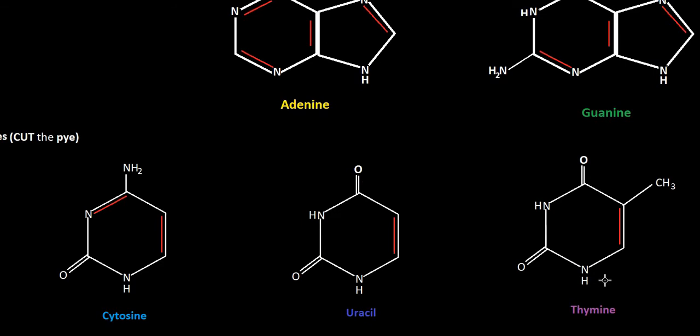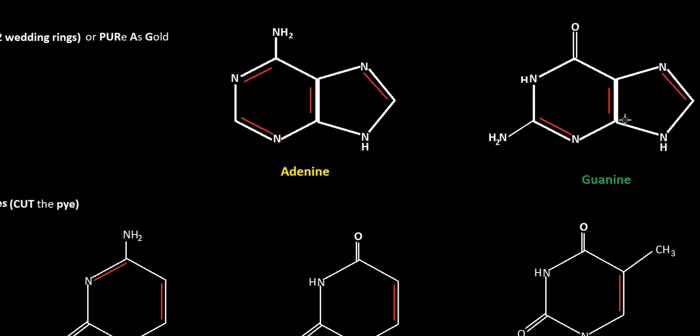Now, to go from uracil to thymine, you add a methyl group. So you have the 2 carbonyl groups plus a methyl group. So from adenine to guanine, that's not the only difference, but for me to remember, that's how I try to remember the structure. From adenine to guanine, you add a carbonyl group and other things.